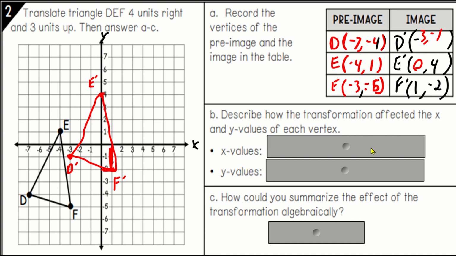So what's happening to our X values? Who can tell me? They increased by 4. So we're going up 4 for our X values. What about our Y values? What's happening to the Y values?